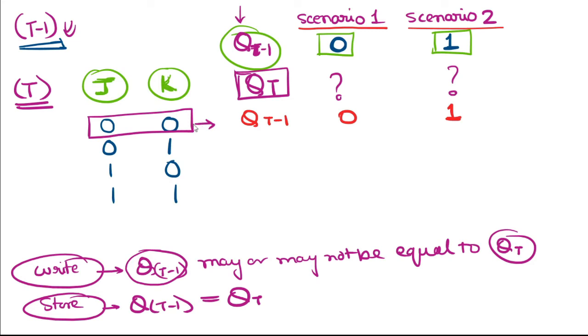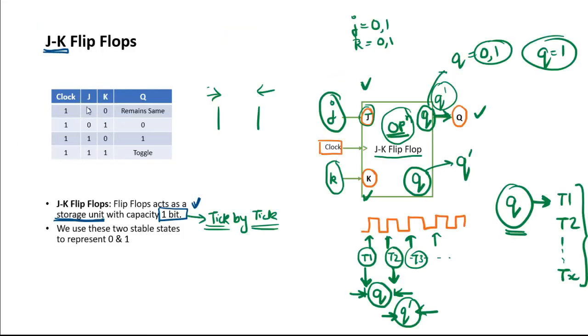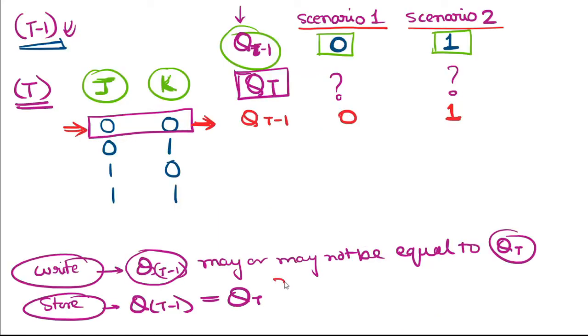This is the first combination. 0 0 says remains same, and this combination is basically used to store a bit for longer duration. This is done by giving j equal to 0 and k equal to 0 as an input.